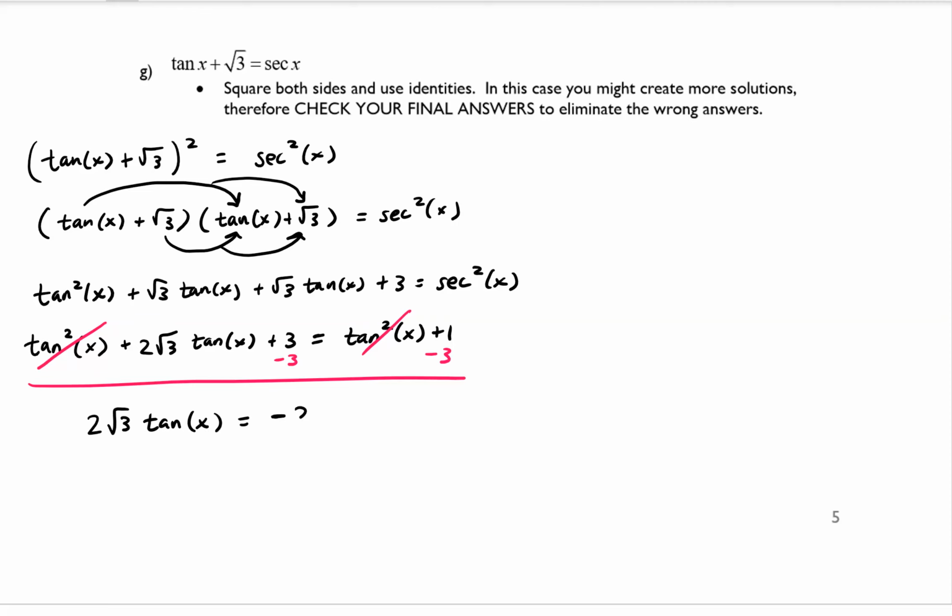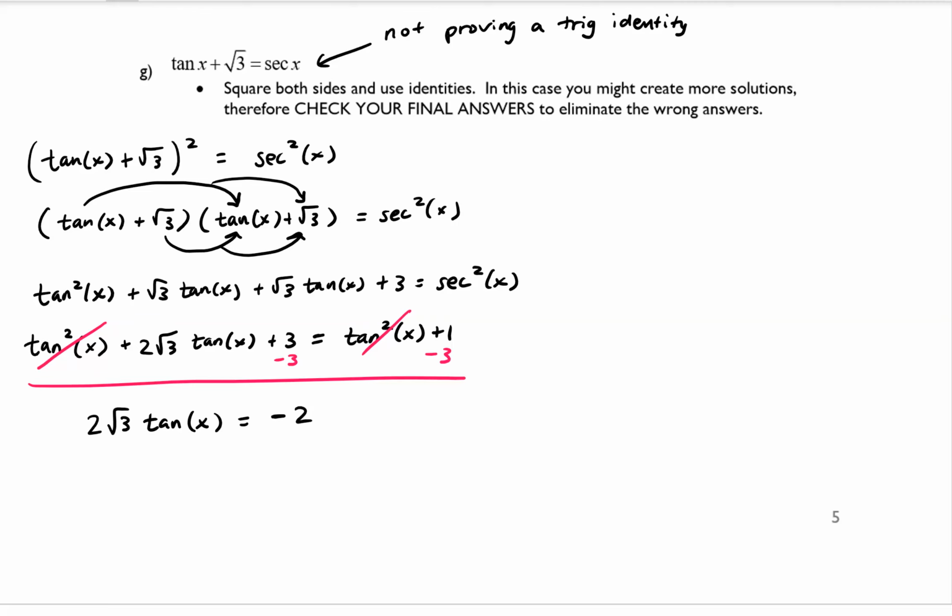is negative 2. Now, as I'm working through this, I'm realizing something that I want to mention is that this is not a trig proof. We are not proving a trig identity here. What we're doing is we're solving for an x value that makes this equation true, which is what allows us to work with both sides of the equation.